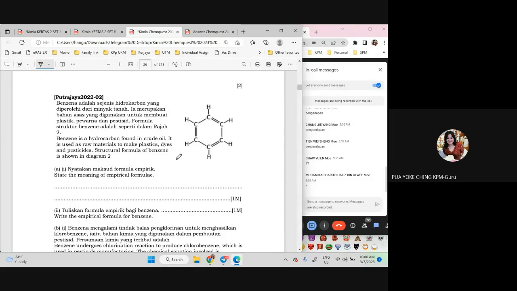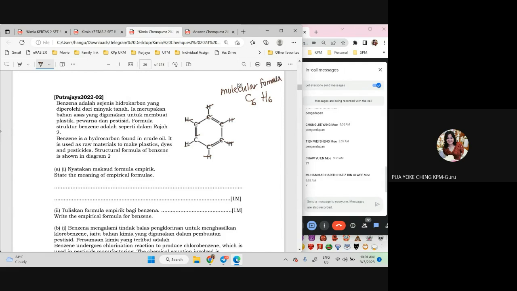When you are given a diagram, when you are asking about empirical formula, molecular formula, kira saja. C1, 2, 3, 4, 5, 6, C6, H1, 2, 3, 4, 5, 6. So H is 6. Kalau you kira based on diagram, that one we call it molecular formula.